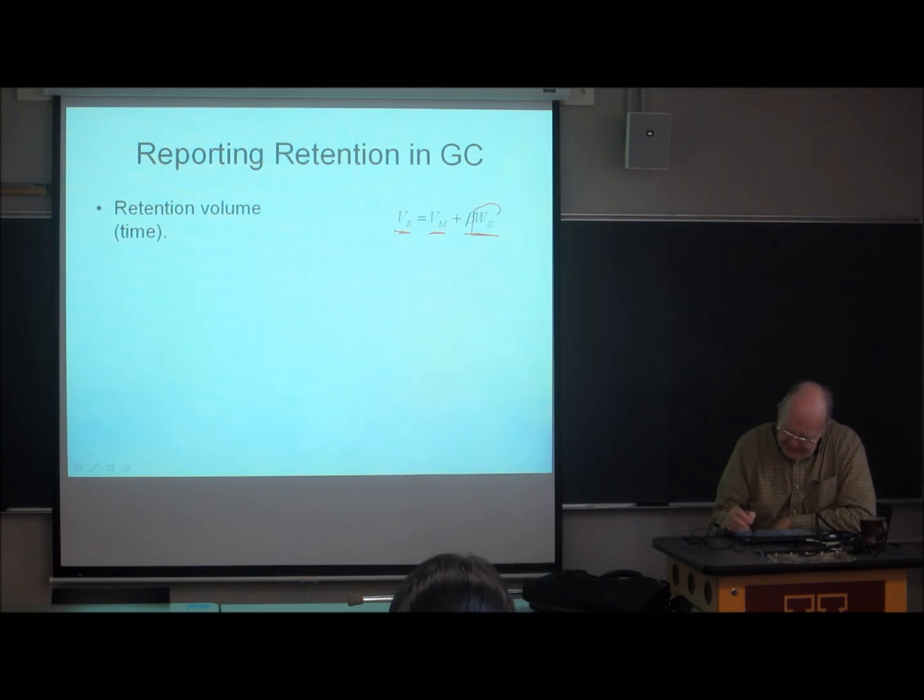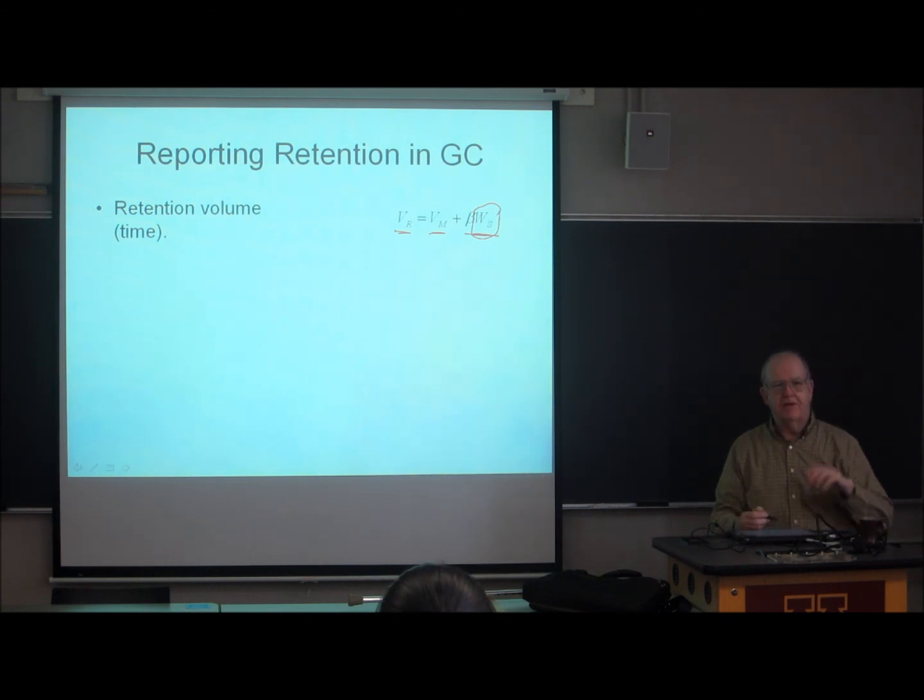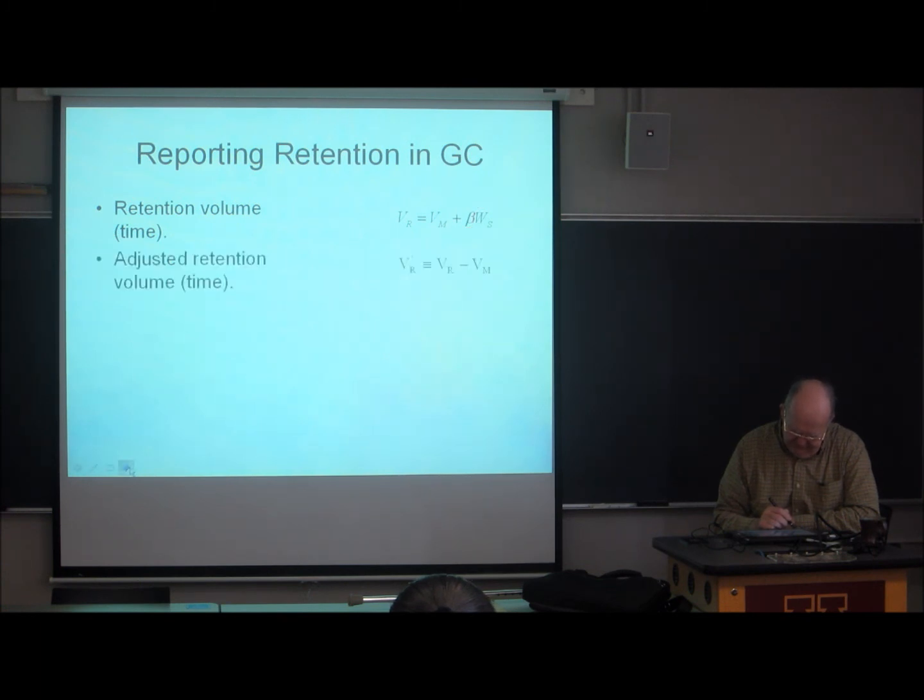So this is the weight of the stationary phase exclusive of the inert support. And beta is the equilibrium constant of the solute between the mobile phase, the gas phase, and the stationary phase.